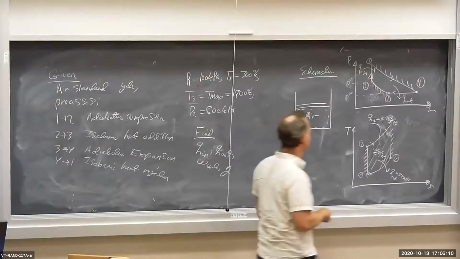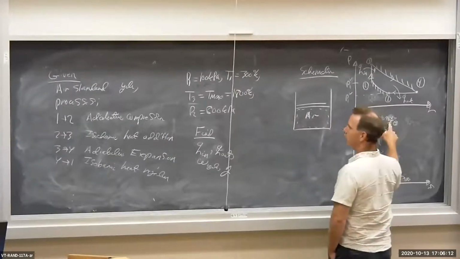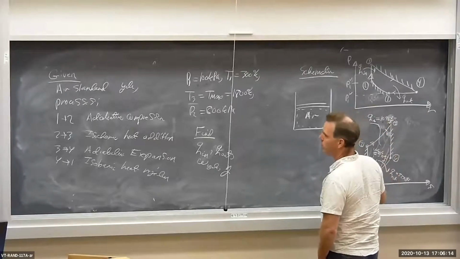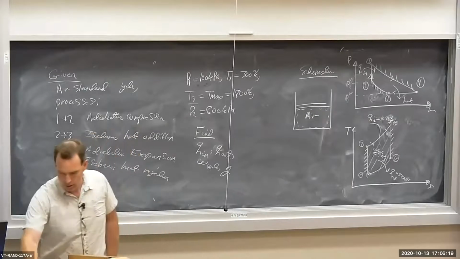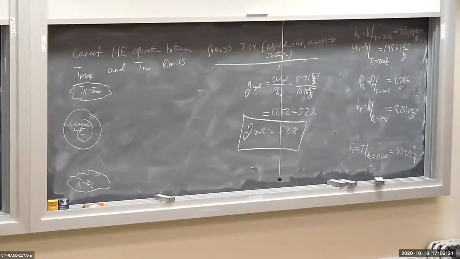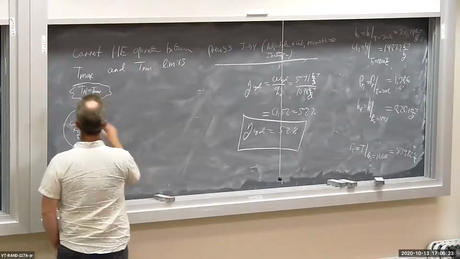So what are the min and max temperatures in my cycle? The maximum temperature T3 is 1800 and the minimum T1 is 300. So I'm now going to take this old cycle and stick a Carnot cycle in there instead.